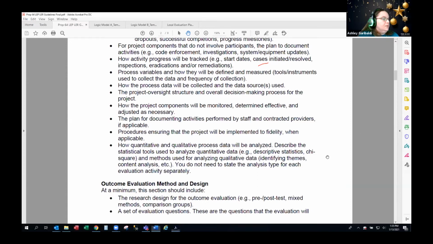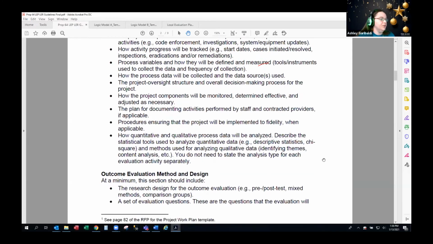And again, sometimes in the long run, we realize, oh, this might not be the best method, but just try to estimate what you think will be the method that will work for you at the time. Best intentions going in, thinking maybe you're going to do pre-post testing and a comparison group, perhaps with some local youth, or collecting data based on how many plants you've eradicated.